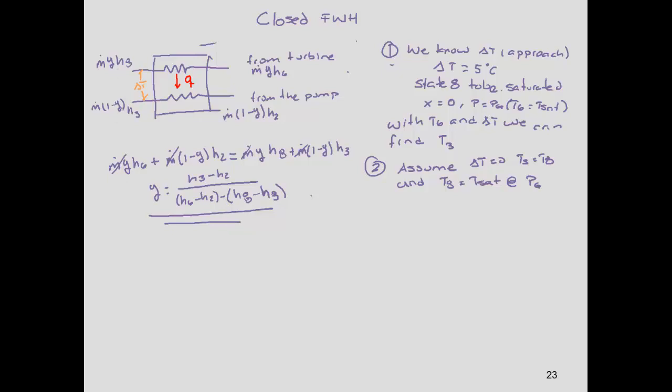If delta T is 0, we know that this will be the edge of the fluid. Since liquid is incompressible, we remember that if we don't have subcooled tables, we're going to use saturated properties at the temperature of the fluid.